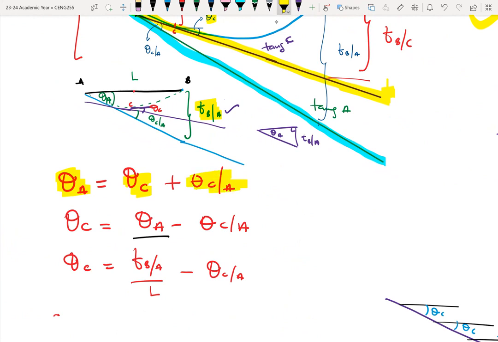So if you know theta CA, which you can find using the first theorem, you know theta A, which you're able to find with the help of the second theorem, then here you can make theta C the subject and then find theta C. Okay, so this is the geometry part of it.